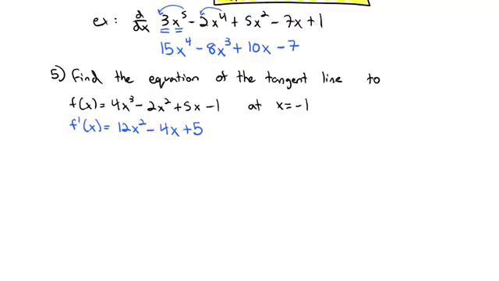We want it at specifically x equals -1, so we'll do f prime of -1, which is 12 times -1 squared, minus 4 times -1 plus 5. And if we work that out, it becomes 12 plus 4 plus 5 is 21.